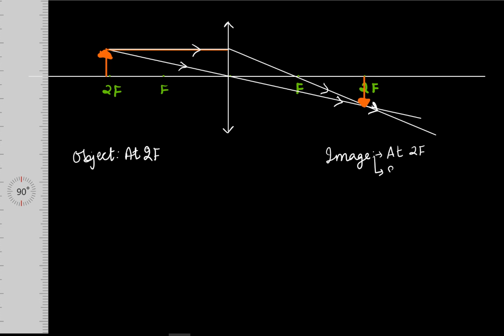It is the same size. Also, it is inverted. Note the arrows pointing downwards, and it is real because it is formed by rays of light that are actually meeting each other. And remember to draw the arrows showing the ray of the light traveling in the direction.